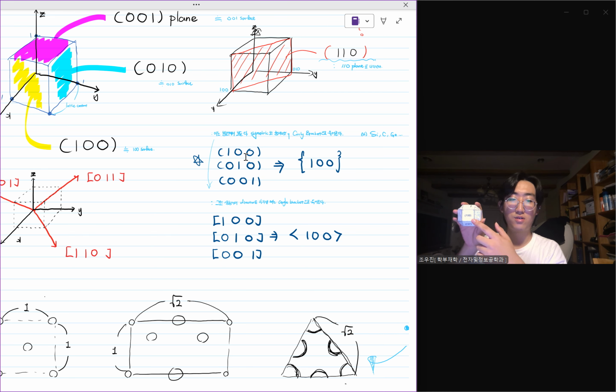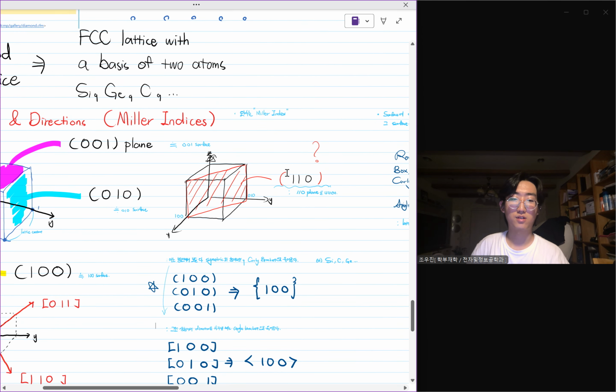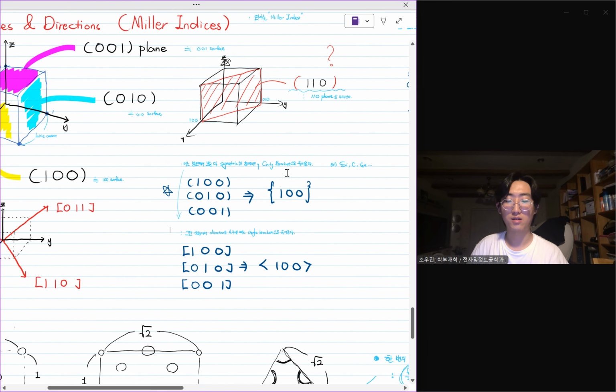So here is 0, 0, 1, but you can rotate it, and it is 1, 0, 0. And another one is 0, 1, 0. So in this case, you can use curly brackets.